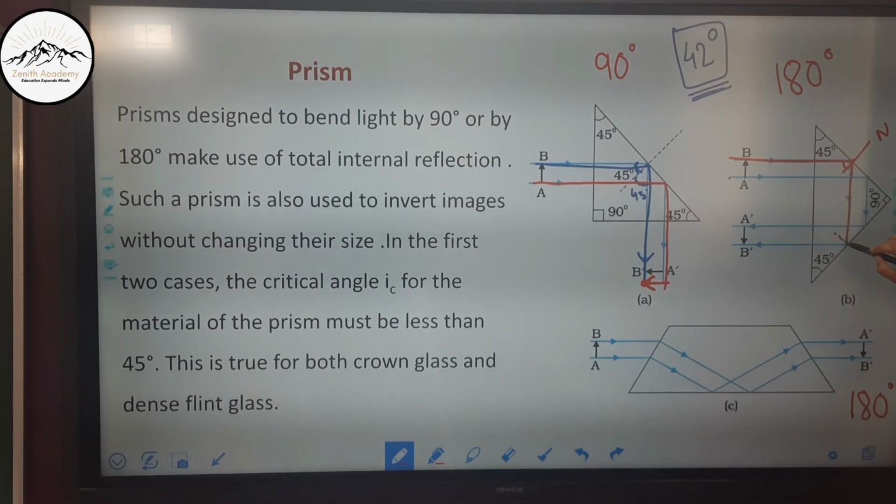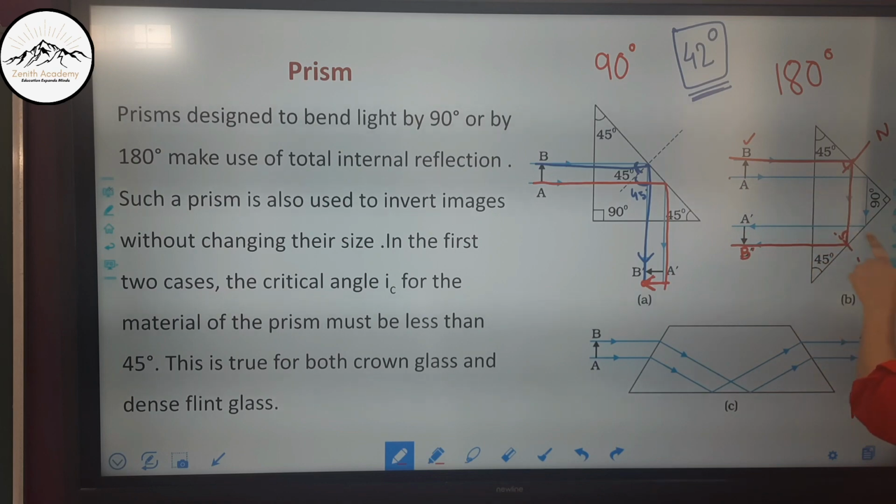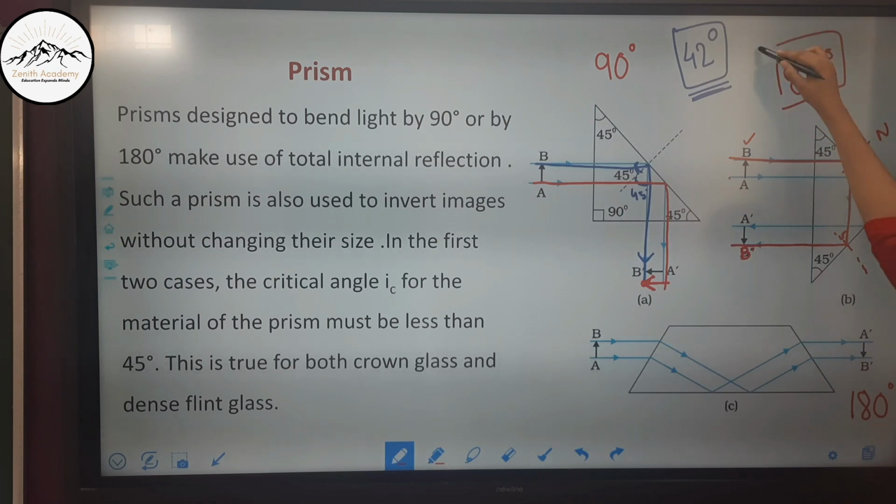Now here also if I draw a normal, again by calculation we will know that this is 45. So with a 45 degree reflection, it will come out. So this B has become B dash here. Similarly, A becomes A dash here. So the object which was standing is now inverted. So this has turned the object by 180 degrees.